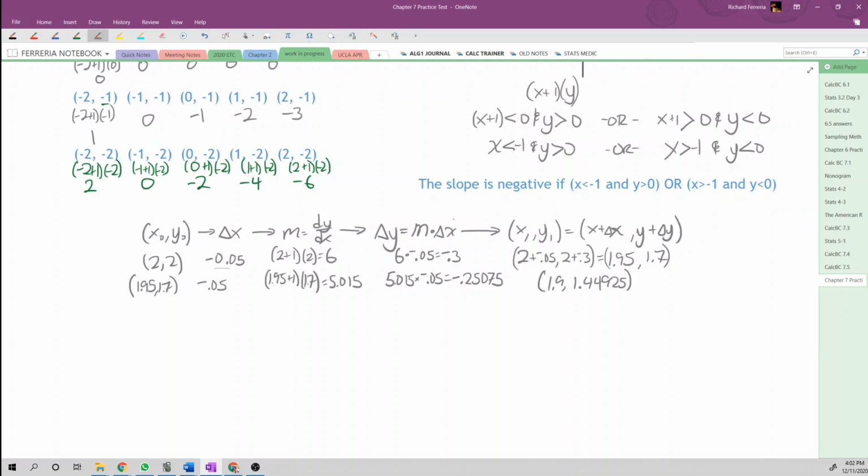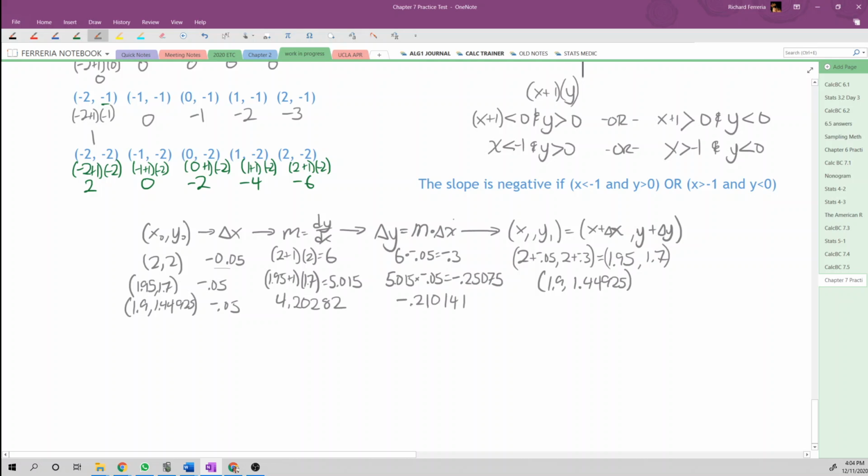I'm just going to start writing down the numbers. We'll bring down our last result to the next line. Here's our delta x. Our m is going to be x plus 1 multiplied by y. That's 4.20282. Next, we're going to multiply negative 0.05 by the 4.202. That gives me negative 0.210141.